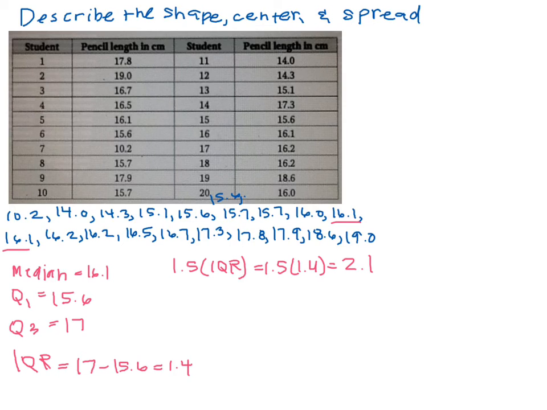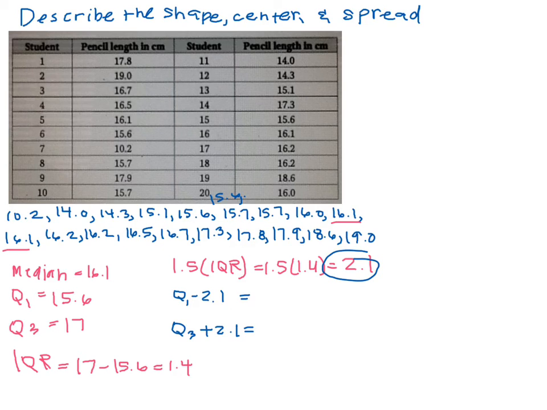Now we are ready to find the outliers if we have any. So we do quartile 1 minus 2.1, and then we will also do quartile 3 plus 2.1. That 2.1 came from right up here.